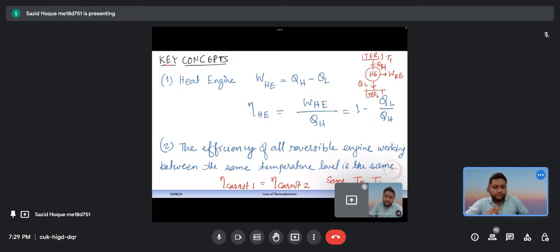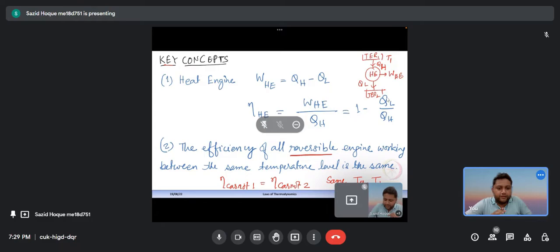If you want to understand this, you need to understand about reversible process or reversibility and irreversibility, that I am not going through in detail. But if you have a reversible heat engine working between the same temperatures QL and QH, this is the question in the assignment. So these are some corollaries which are derived from the second law.